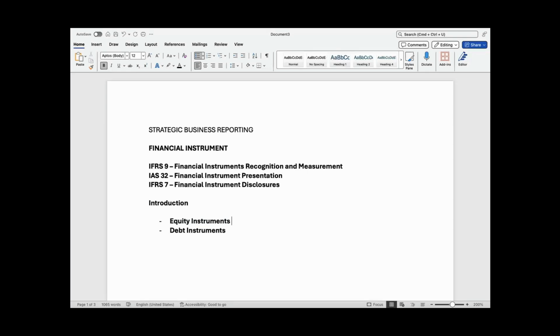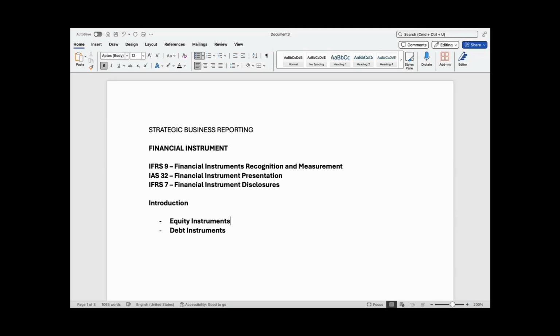So companies use it to raise capital. Similarly, a debt instrument is also used to raise money, but whoever buys these debt instruments becomes your creditor. So when you want to borrow money, you issue debt instruments. When you need shareholders, you issue equity instruments.